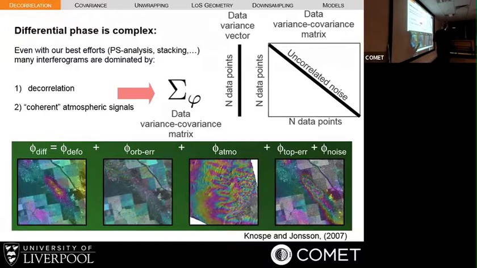That's the way that we can populate the main diagonal. It's not the only way, but this is the main source of uncertainty that comes into the main diagonal of the data covariance map. What about the off-diagonal elements?